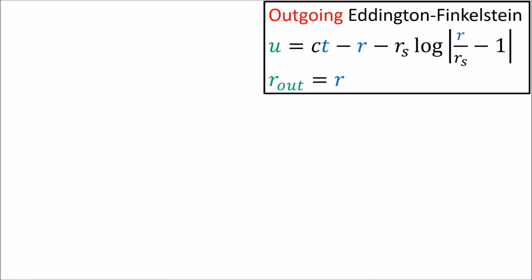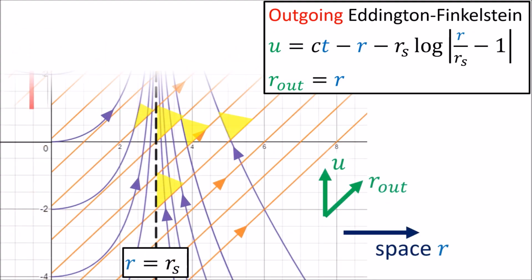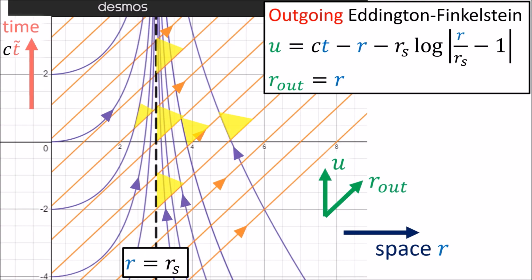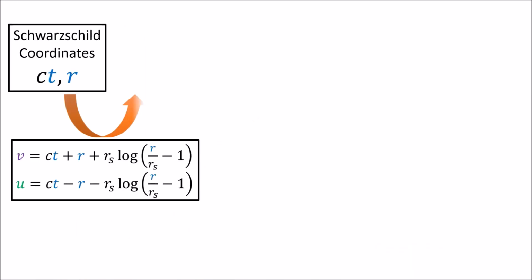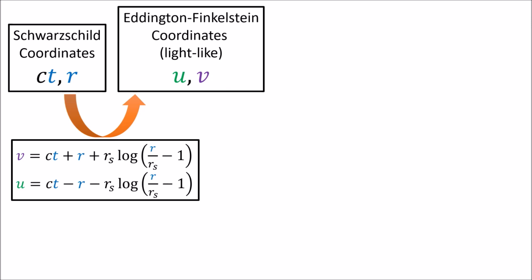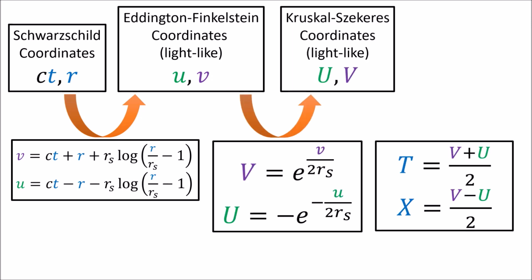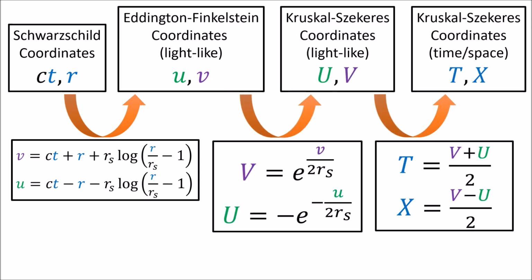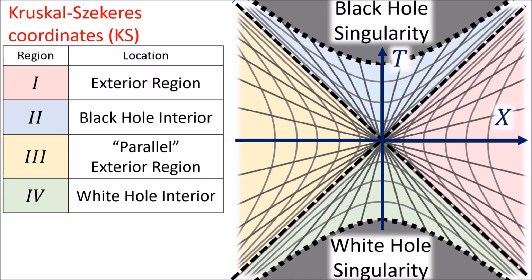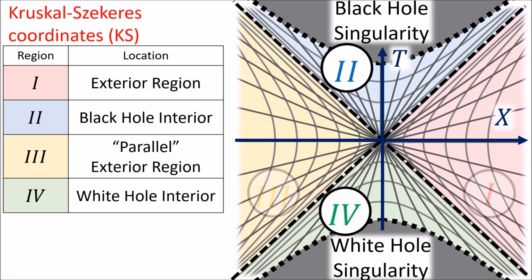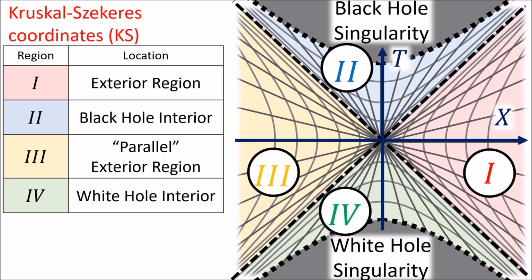If we shift time using subtraction instead, we get the outgoing Eddington-Finkelstein coordinates for a white hole. Using both ingoing and outgoing light beams as coordinate lines, and using this clever coordinate substitution gives us the Kruskal-Szekeres coordinates, which show the maximally extended Schwarzschild spacetime, with a black hole, white hole, and two parallel exterior spacetimes.